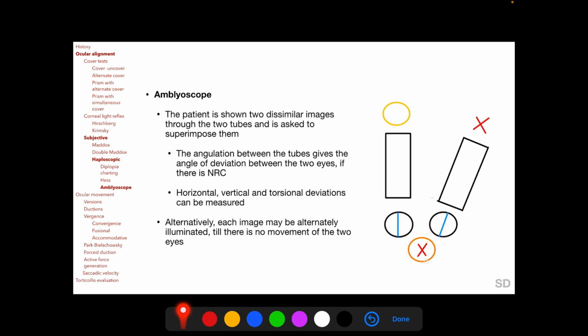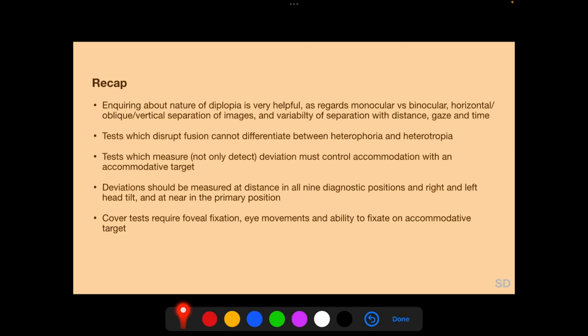To recap the salient points, inquiring about nature of diplopia is very helpful as regards whether the diplopia is monocular or binocular, whether the separation of images is horizontal, oblique or vertical, and about the variability of separation of images with distance of fixation, gaze position and time.